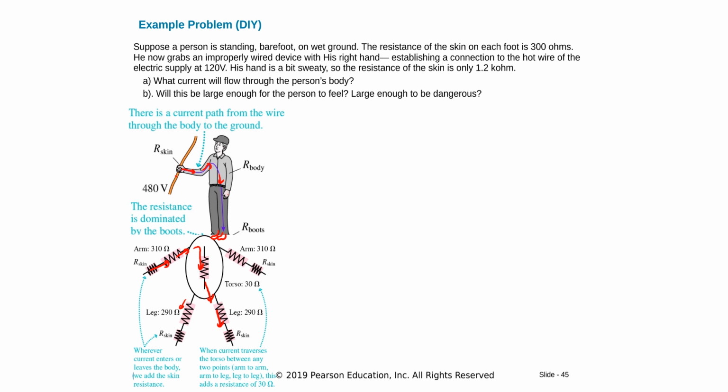The question is asking us what is the current through the body. So you will find R total, and then use that to find, let's call this I total, delta V over R total, Ohm's law. And delta V, again, we have high voltage here, and we have low voltage here on the ground.